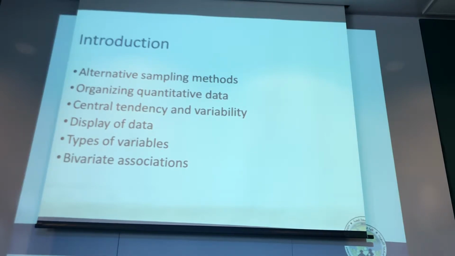But then we look at bivariate association. So if I want to see bivariate association between weight and height, what kind of statistical measure? Now I have two continuous variables, weight and height. I will see if there is a relationship between them.